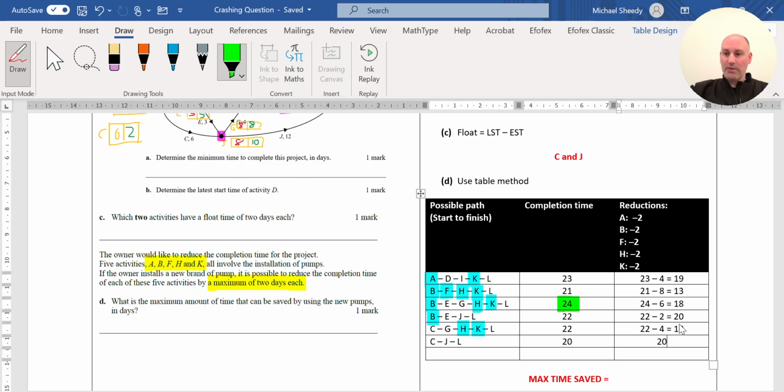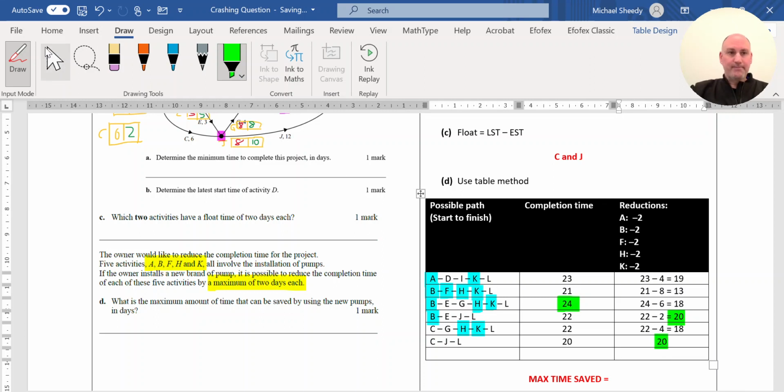So out of all of these possible paths, the longest path is 20. And it happens twice. That means there's 2 critical paths. And they both have a completion time of 20 days.